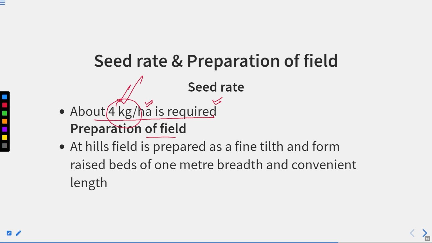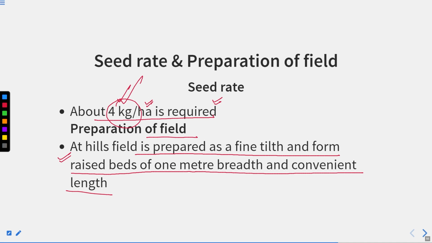Preparation of the field. How to prepare this field? At the hill, the field is prepared as a fine tilth and raised beds of 1 meter breadth and convenient length are formed. If we are preparing this field in the hilly region, then the preparation will be different, and if we are preparing it in the plain, then that will be different, right?